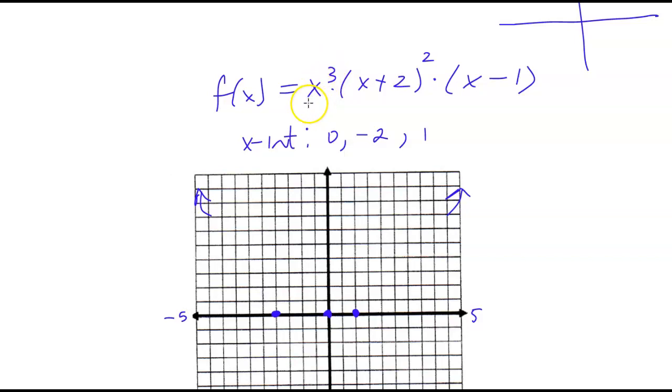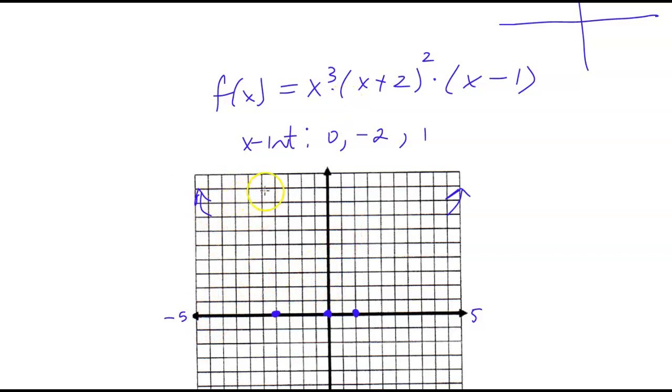Whenever you have even multiplicity, your function bounces off of or is tangent to it. Okay, so 0 is a corresponding zero for this particular factor, and it has odd multiplicity. So at x equals 0, it is going to act like x cubed.